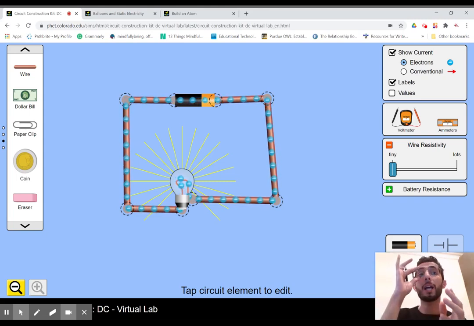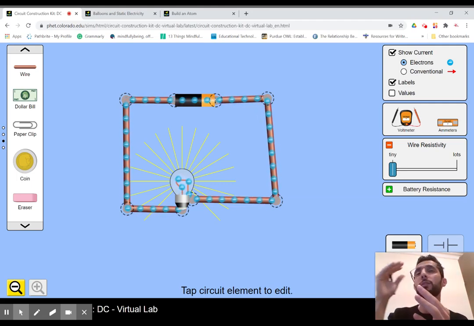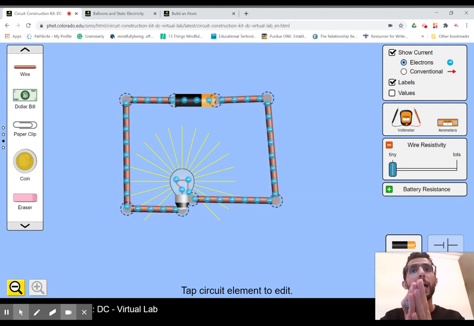If you put your hands close to your light bulb, you will feel heat, because the resistors are changing the electricity into thermal energy. And the resistor in a light bulb is changing it not only into thermal energy but also into light, because we're getting light from the lamps. Okay?